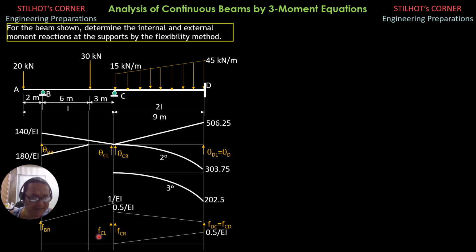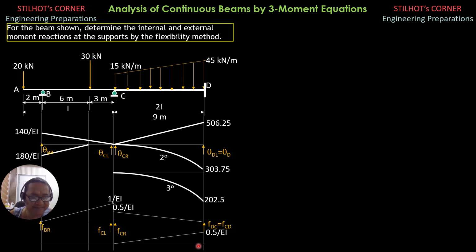And we call this FC left, FC right to solve for FCC, the force coefficient at C. FDC, the force coefficient at D due to the unit load, unit couple at C, which is equal to FCD by the principle Maxwell's law on reciprocal deflection.